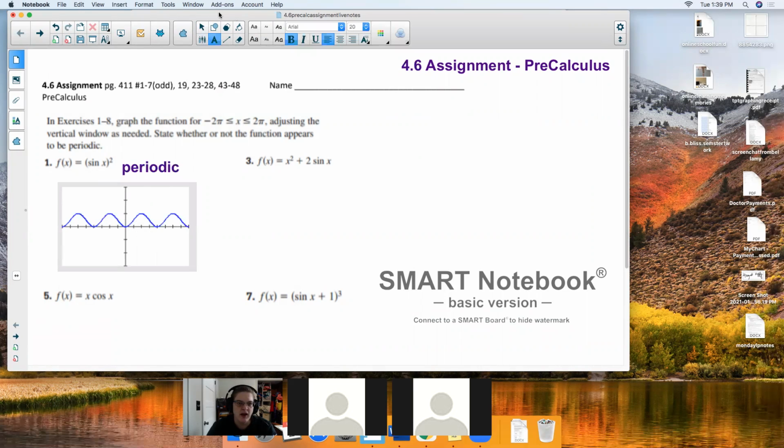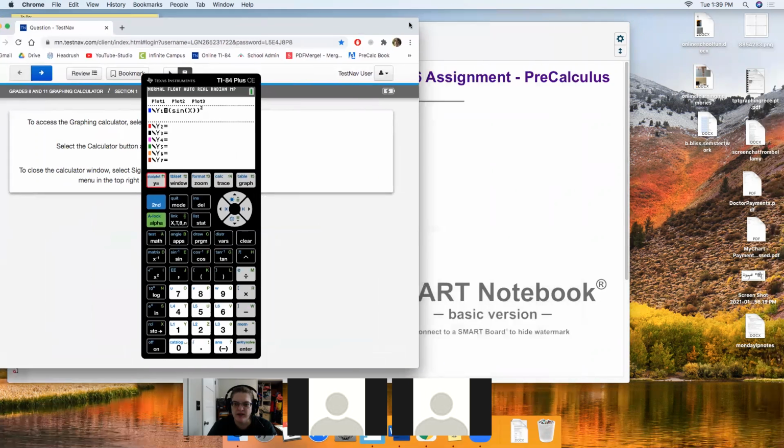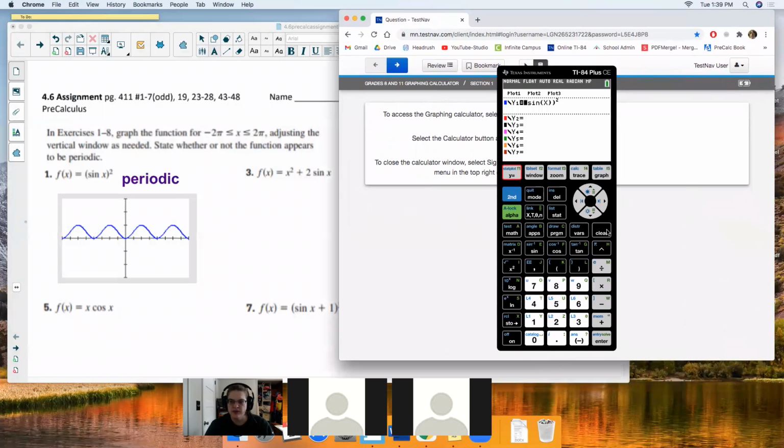The next one here is x squared plus 2 sine x. So going back to our calculator, or Desmos if you feel like it. But if you don't practice with the calculator, it's going to be very hard to use it when that's the only tool you get on certain tests. So x squared plus 2 sine of x is going to have the same window.